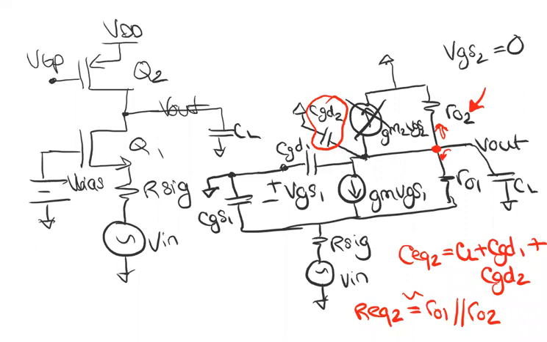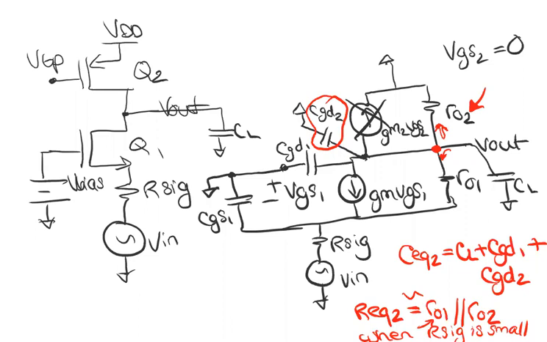I will not do it again. It was approximately R01 when R sig is small. That was the approximation. If you assume R01 goes to infinity, which we have done in a low frequency gain analysis, then R equivalent would become R02. So it depends on how many assumptions you make.